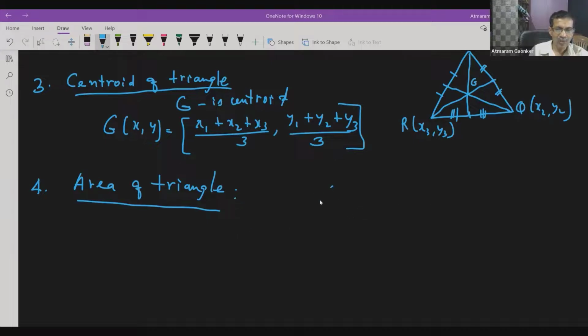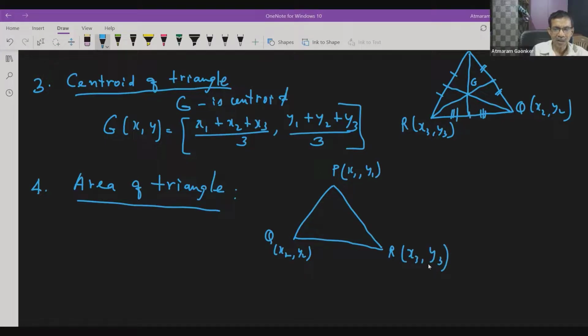Again, let us assume that this is a triangle PQR. And let us assume that it has coordinates x1 comma y1. Here this is x2 comma y2, and this is x3 comma y3. These are the three coordinates of a triangle.